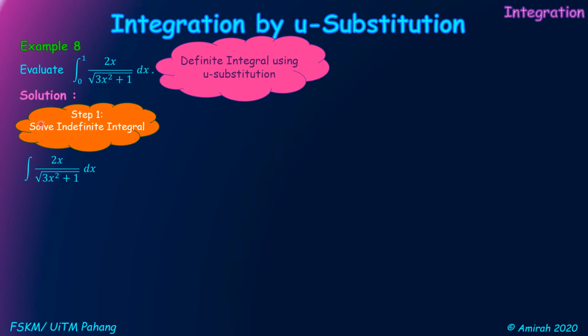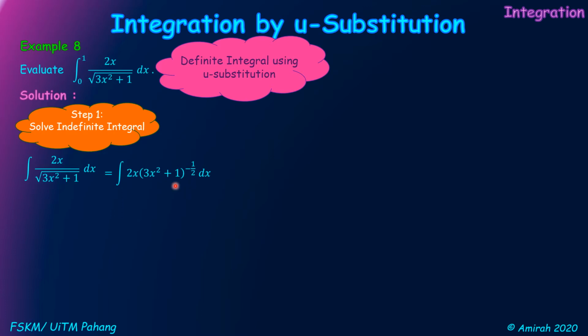From here, we can move the square root to the numerator and write 2x times (3x squared plus 1) to the power of negative half, using the properties of indices. Because the square root in the denominator means the bracket to the power of positive half, so when we move it up, we get the power of negative half.